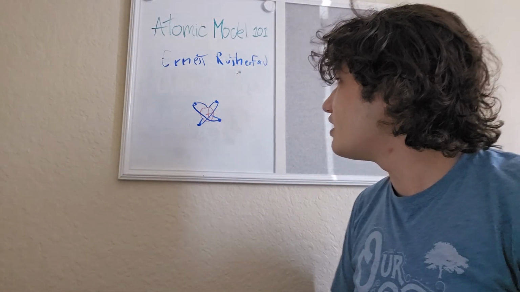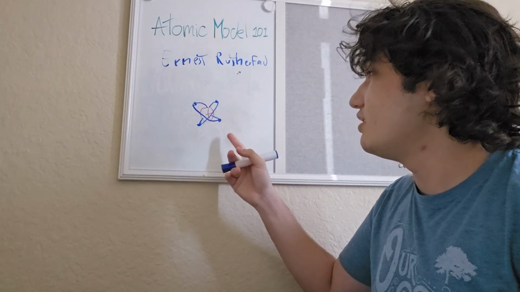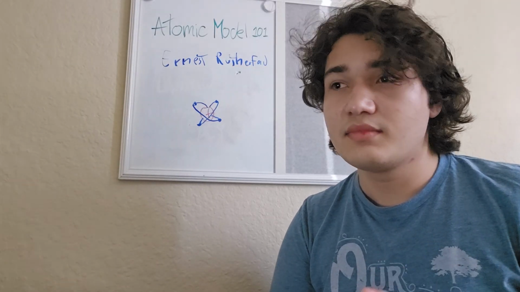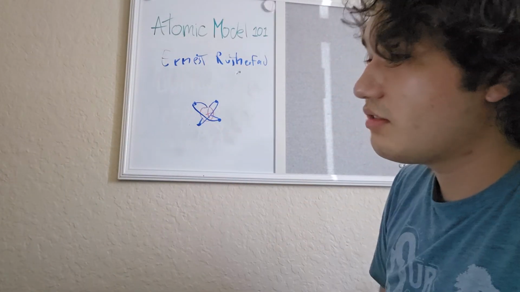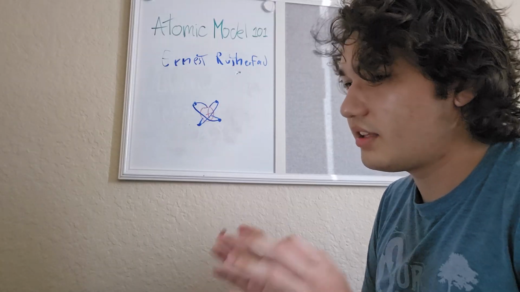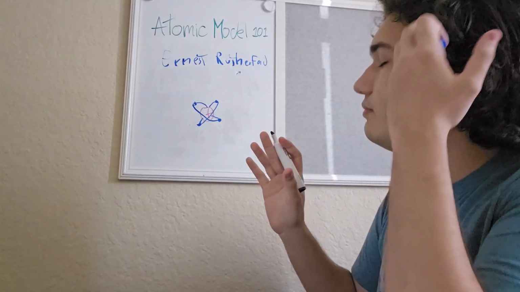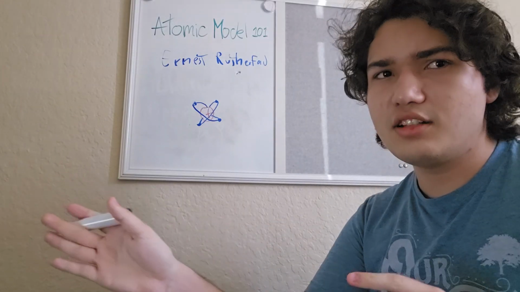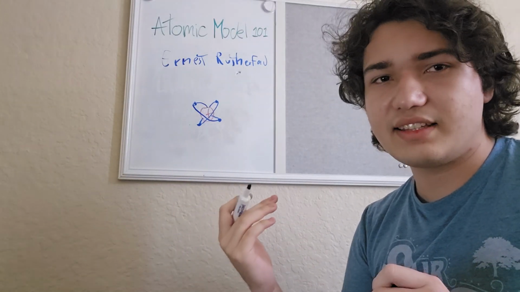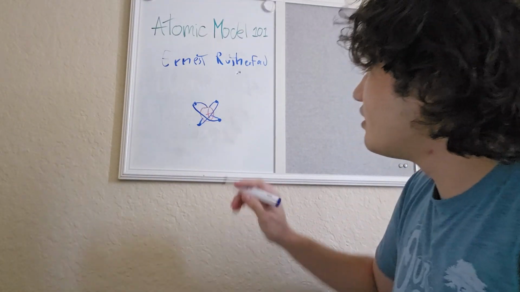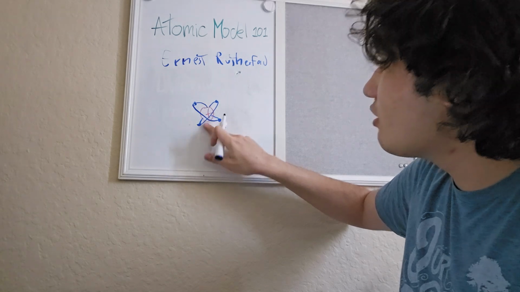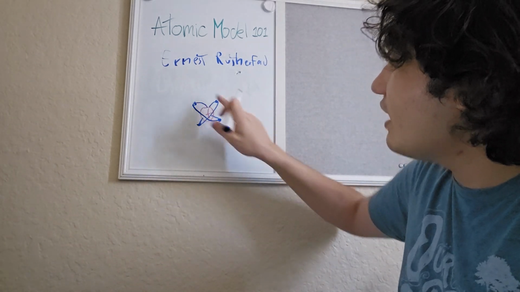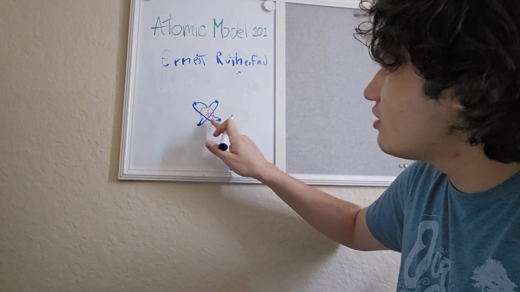Now, of course, the reason why this was made is because they were doing alpha particle testing, and they discovered that when used on a gold sheet, some particles will go straight through it, but some will be reflected, which was weird. So they theorized that there must be a core and a bit of empty space around it, hence why there are electrons orbiting around the central core.